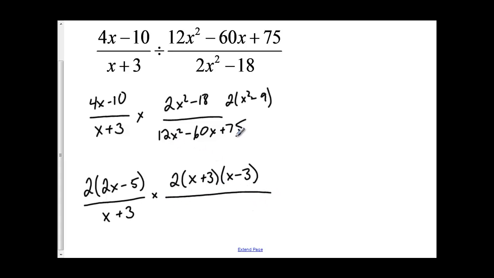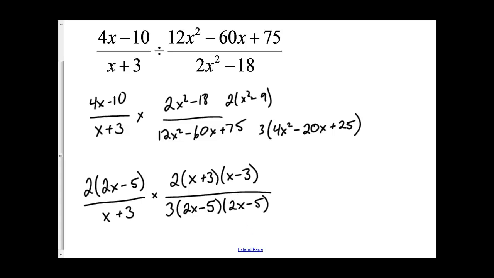Now in this bottom one, I can divide by 3. So if I divide out a 3, I'm going to be left with 4x squared minus 20x plus 25, which when I factor it can give me 2x minus 5 and 2x minus 5.